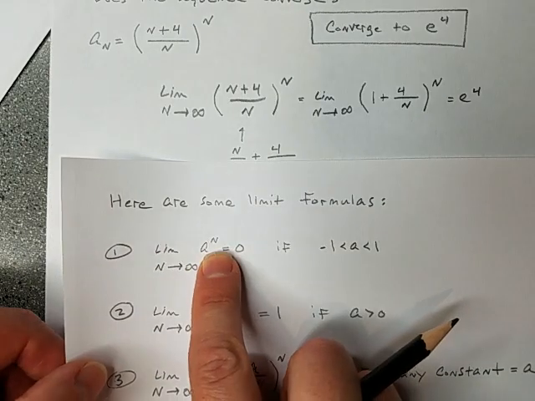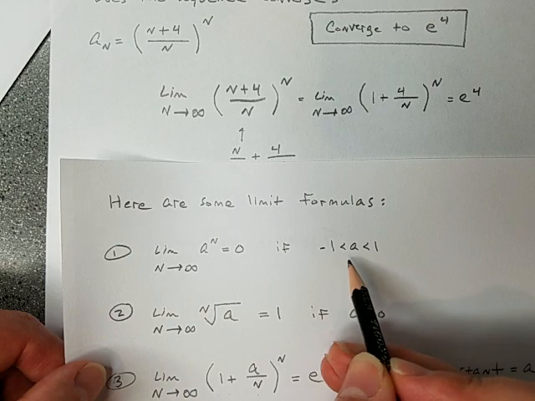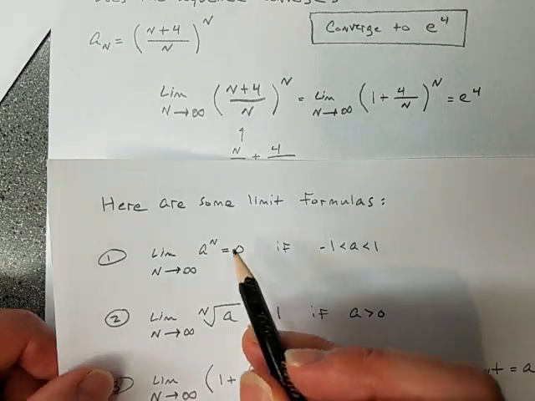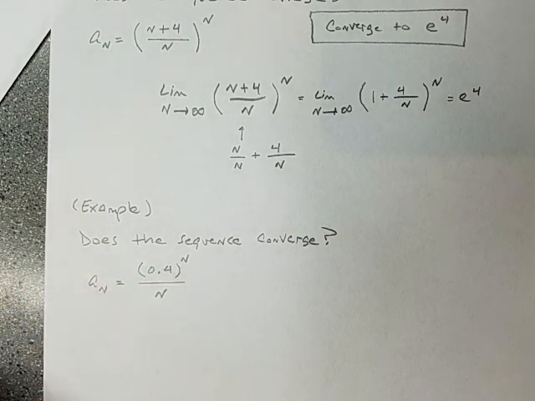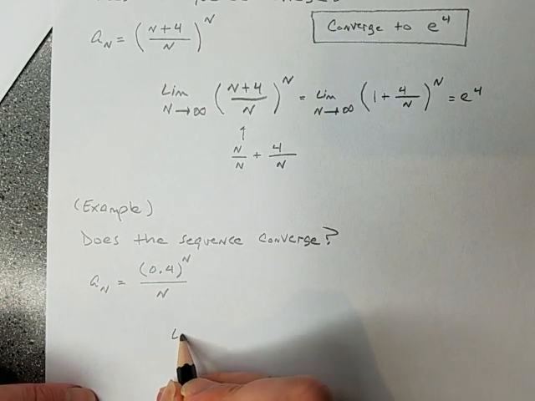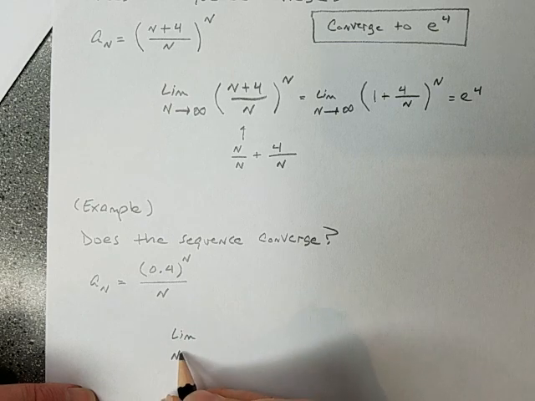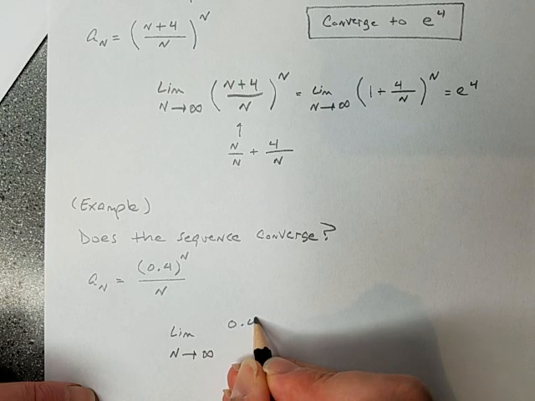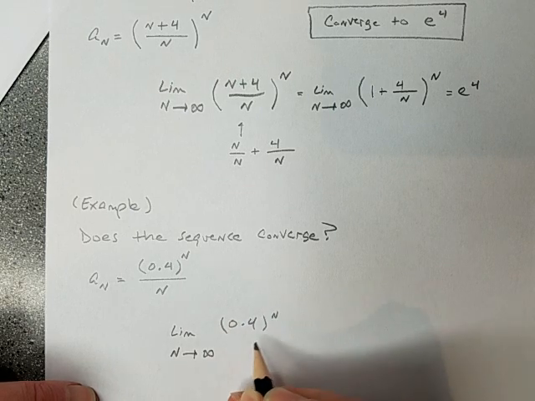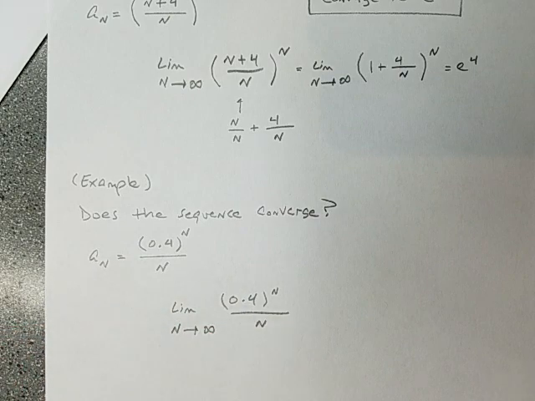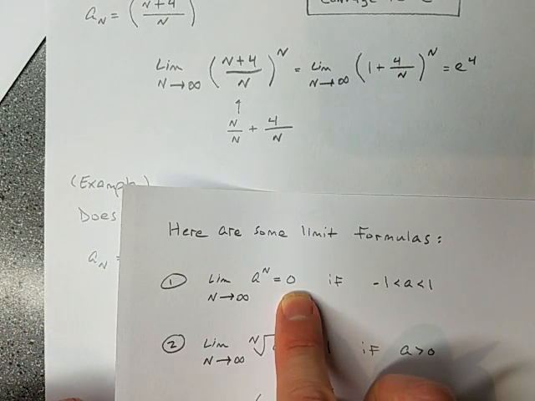That's like this. I've got a number somewhere between -1 and 1 raised to the power n. 0.4 to the nth power. So when we do this, then that top part is going to 0.